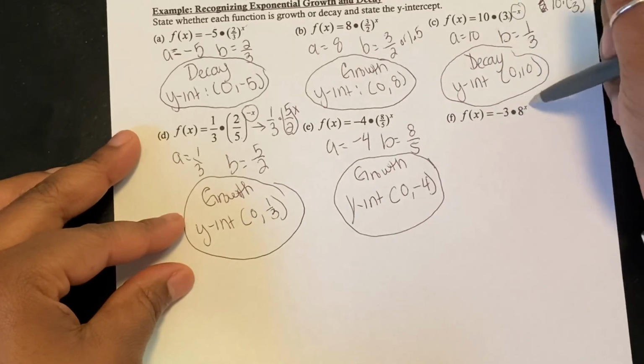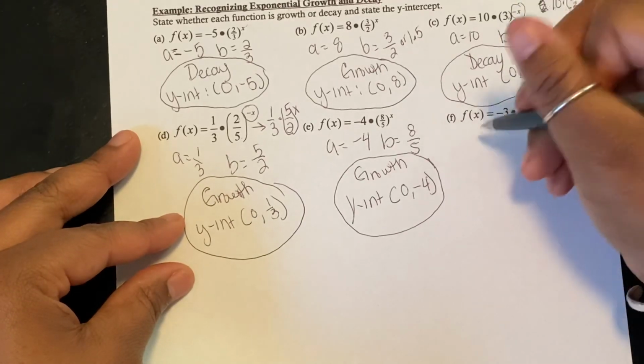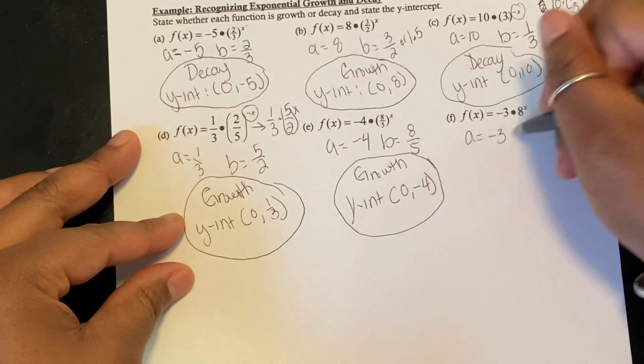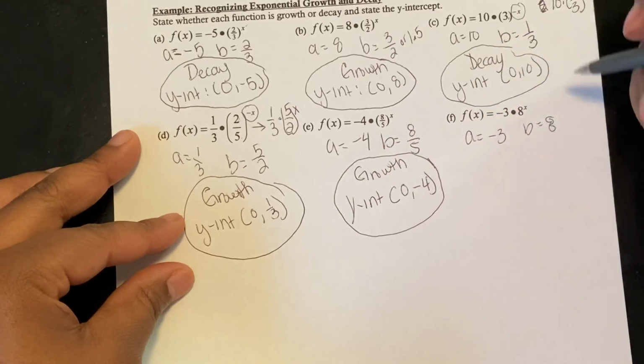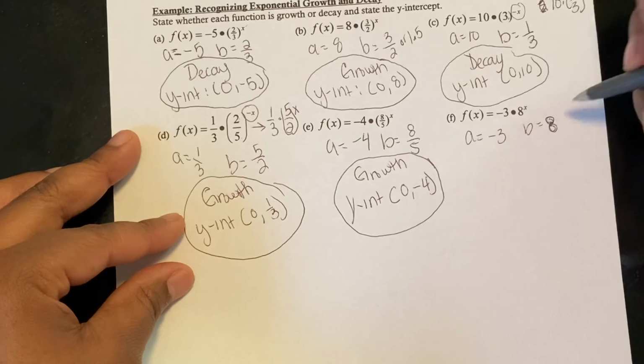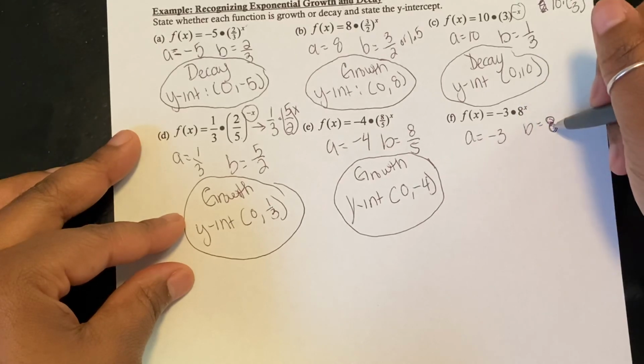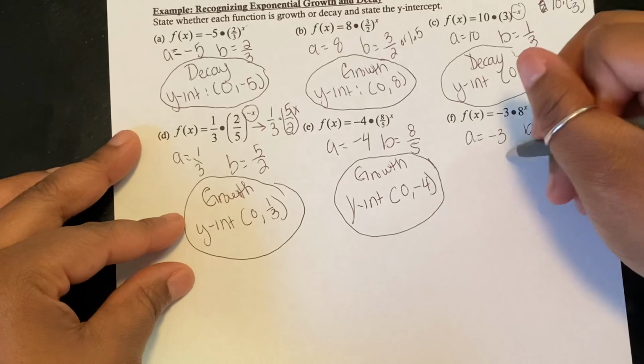Then I have -3 times 8 raised to the power of x. My a is -3. My b is 8. And that's an ugly 8. And so because 8 is b and it's greater than 1, then it's going to be a growth.